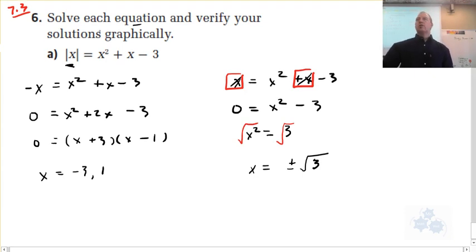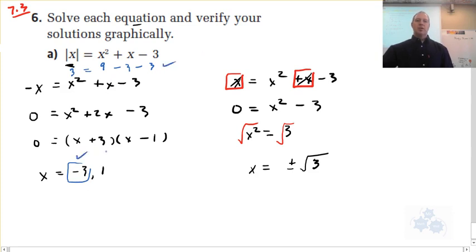So whether you do that officially or just informally, let's plug in negative 3. So what do we get? That's positive 9 minus 3 minus 3. So that's 9 minus 6 is 3. So the absolute value of negative 3 is positive 3, so that seems to check out.